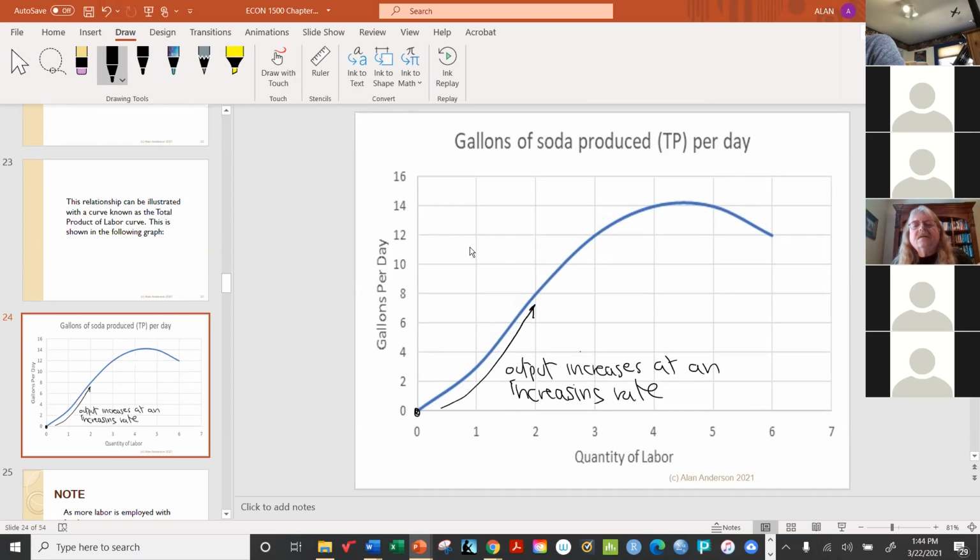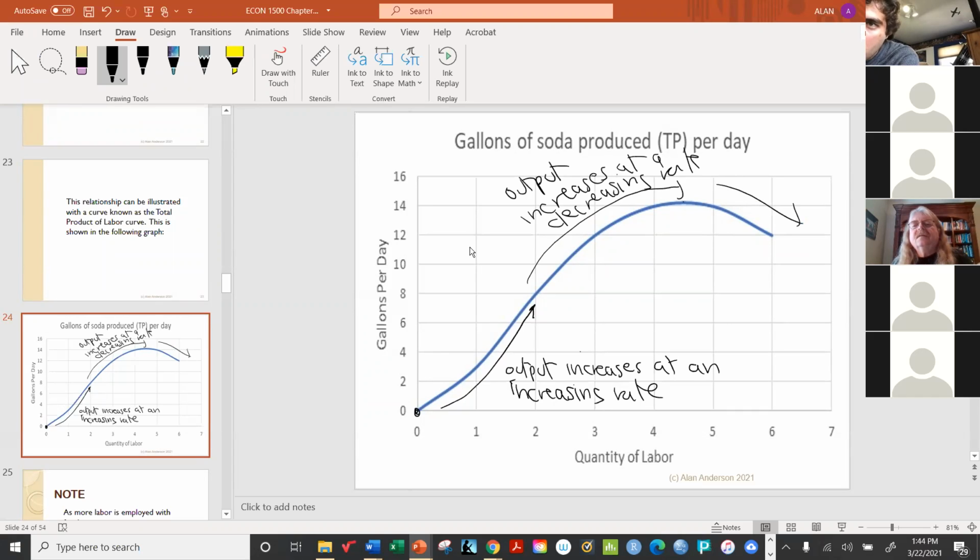Then it increases at a decreasing rate. And then once it hits the peak, output actually decreases.